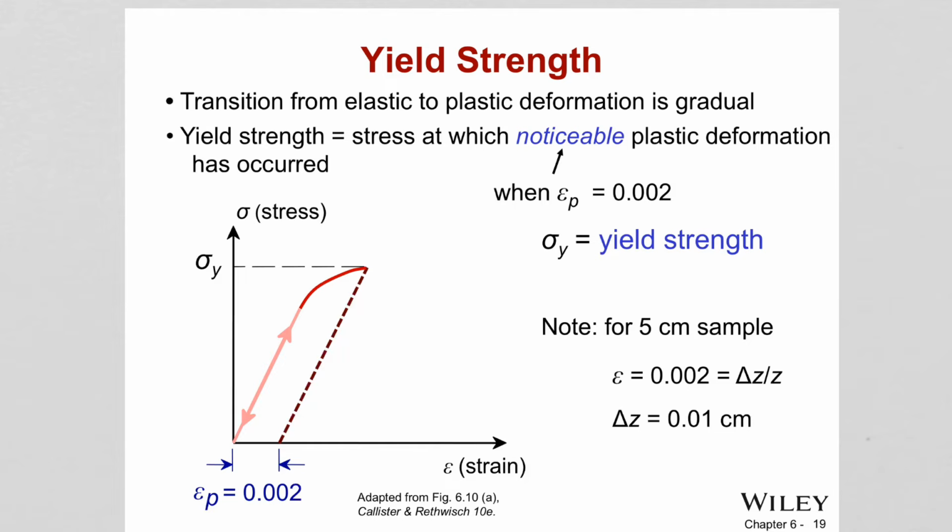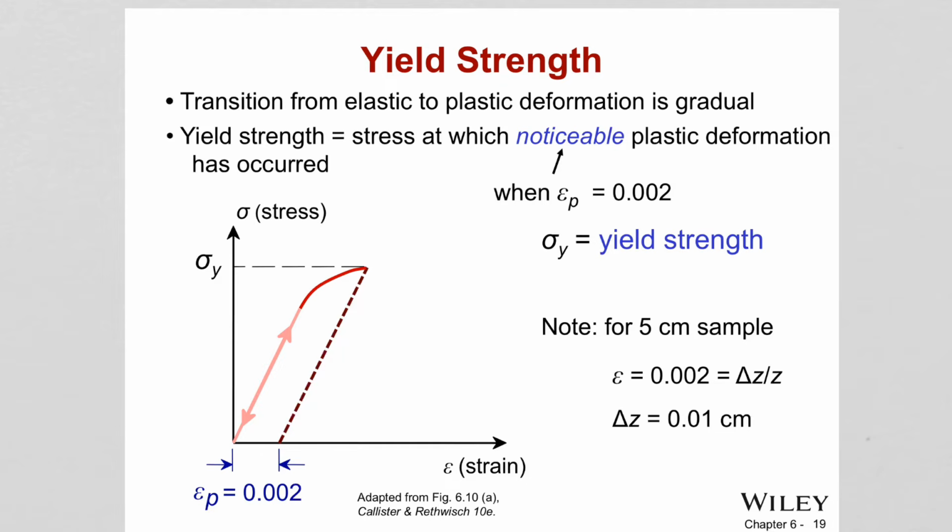So when there is a transition from elastic to plastic deformation, this can happen gradually in some materials like aluminum. It cannot be an obvious change from sudden elastic to plastic, and there has to be a way to figure out from the stress strain curve the yield strength of the material.